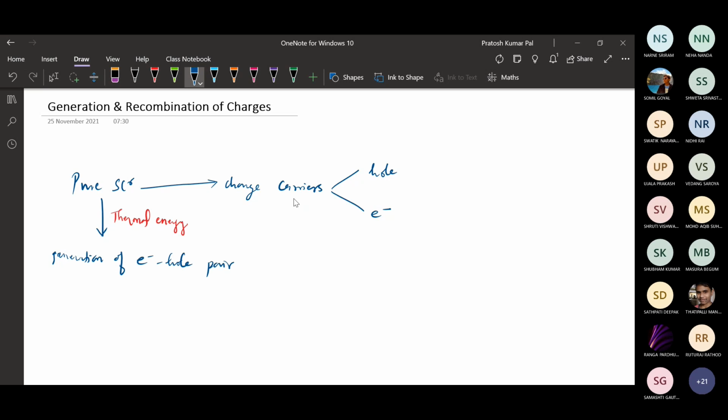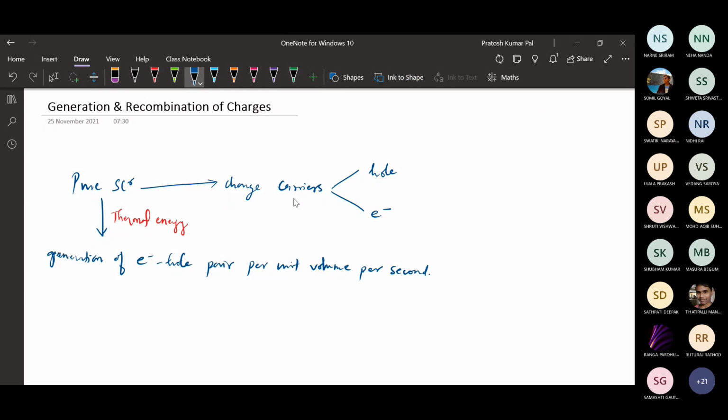That electron hole pair generation will be throughout the volume, so it will be generated per unit of volume, and it will be generating per second. That means at each second the electron hole pair will be generated once we have applied the thermal agitation or the thermal energy. Okay, so this is the case of generation.